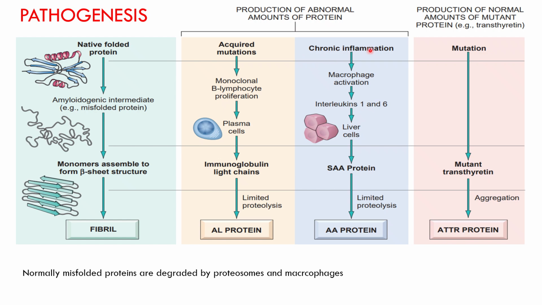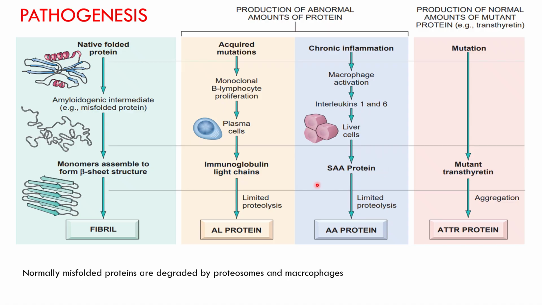Similarly, in chronic inflammation, there are disorders like tuberculosis, osteomyelitis, IBDs, and some solid tumors. There is macrophage activation that stimulates the formation of interleukin 1 and 6, which further act on the liver cells and stimulate the production of SAA protein, which is an acute phase reactant.